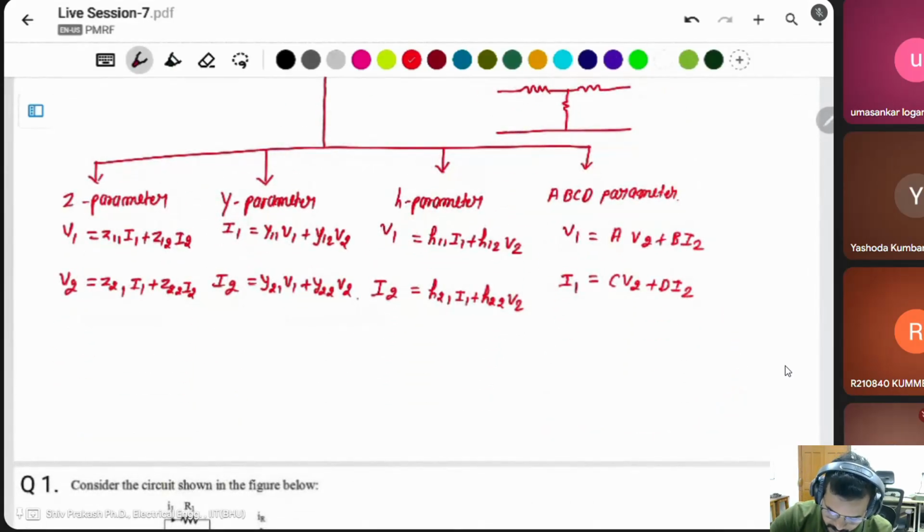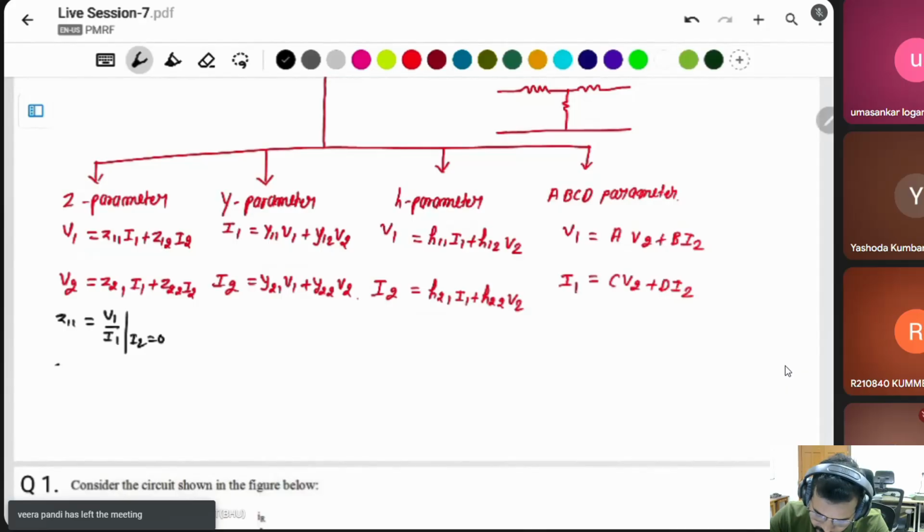Simply, how can you find Z11, Z12 here. For Z11, it means V1 by I1, with the remaining being 0, meaning I2 is 0.